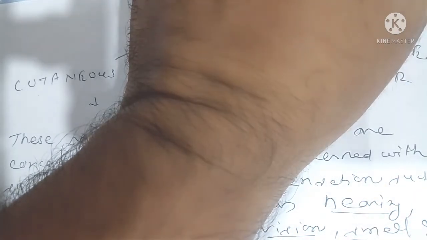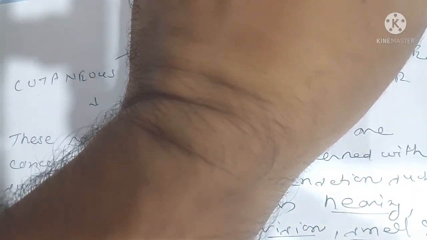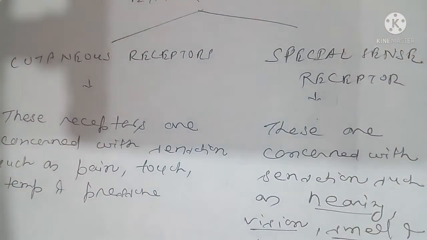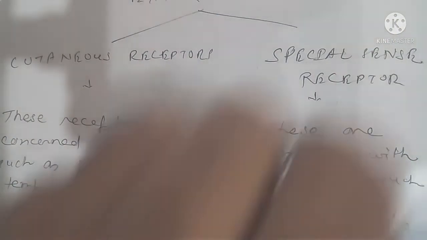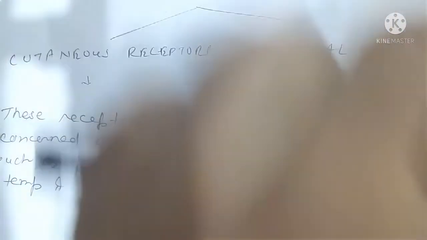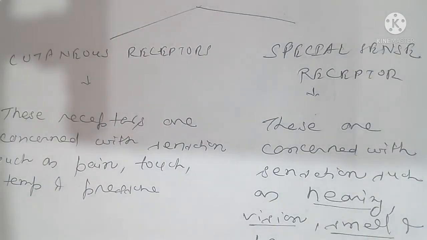When we touch our hand with a candle, it is the temperature. And when we press our hand with the tip of the finger, that is the pressure receptor. The pressure receptor, the touch receptor, and temperature receptor are the cutaneous receptors.